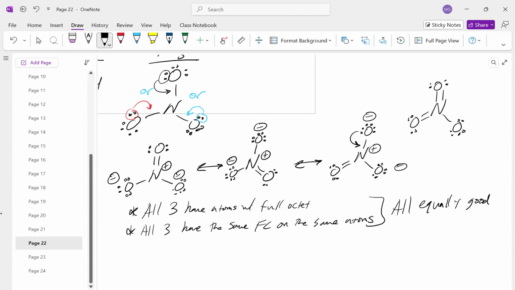This nitrogen exceeds our octet rule. It's got 10 electrons around it. Not good at all. So we're kind of stuck with those 3 formal charges.